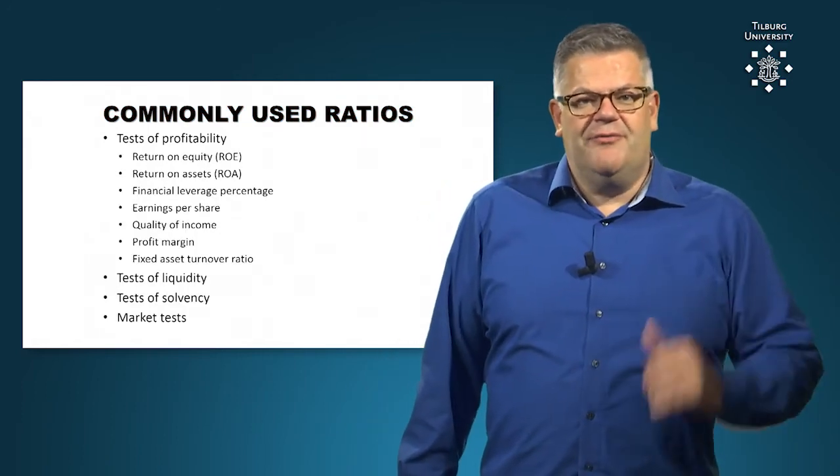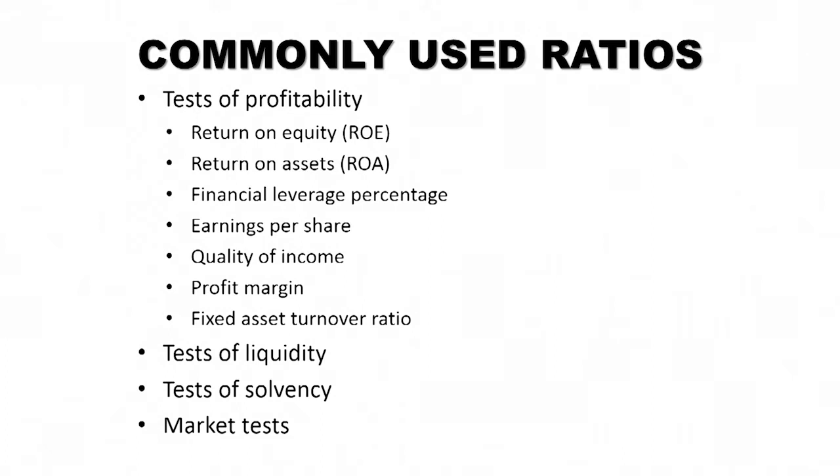So if we're talking about profitability, you've probably heard about the return on equity, the return on assets, the financial leverage percentage, the EPS, the earnings per share, which you could find in every income statement, and the diluted earnings per share, if you take into account that you get convertible bonds, that you hand out shares as a bonus, and etc. We're talking about the quality of income, talking about the profit margin, but we did that already.